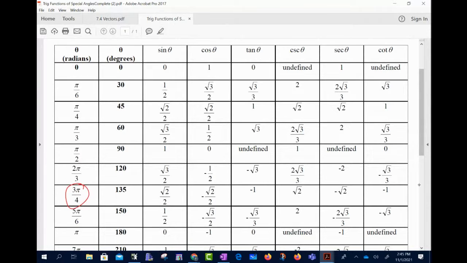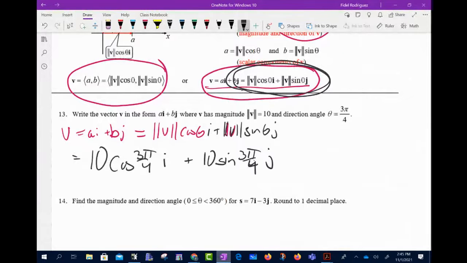We're looking for the cosine and the sine. So the cosine is the negative square root of 2 over 2, and the sine is the positive square root of 2 over 2. So I'm going to say the cosine is the negative square root of 2 over 2 with my i, and the sine was the positive square root of 2 over 2 with my j.